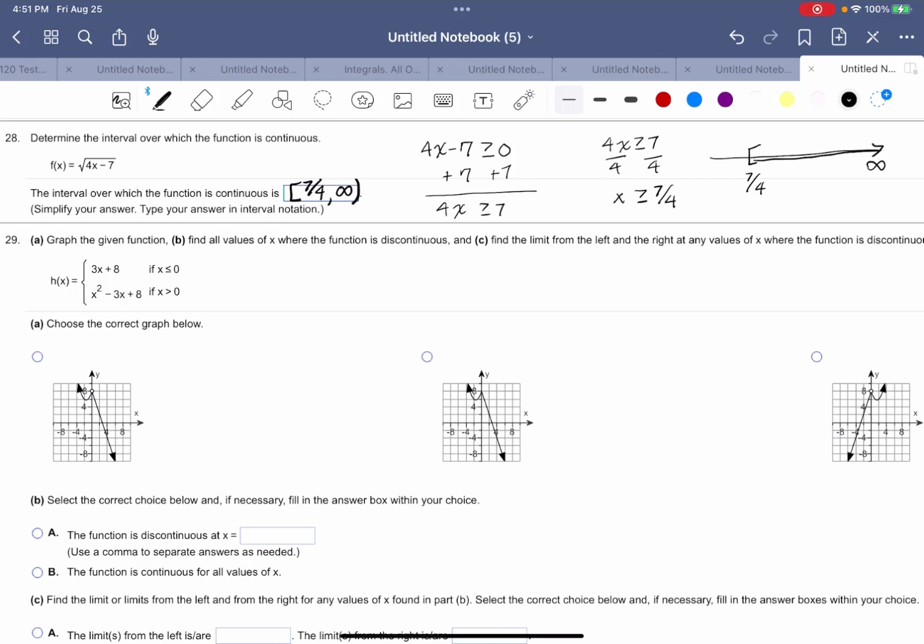We need to include the 7/4 because that's the value that will actually make it 0, which is fine because the square root of 0 is in fact 0, and that's a real number. So we include the 7/4, everything to the right, and in our interval notation we use parentheses always with infinity or negative infinity.